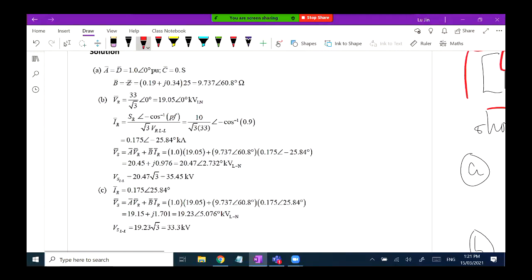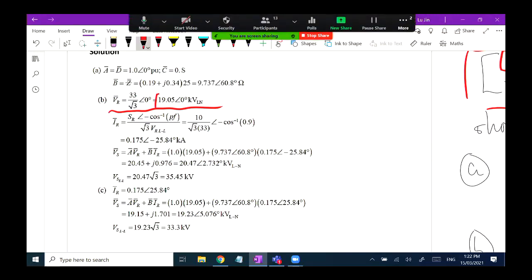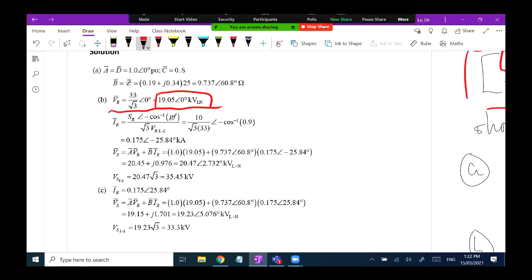See here, in the part B solution, at the very beginning, we are using the 33 with 0 degrees divided by square root of 3. What we are doing here is converting the receiving end line-to-line voltage to phase voltage. And then this VR number is used in the ABCD model. If you are using this phase voltage of the receiving end as VR, the derived VS will be the phase voltage of the sending end.